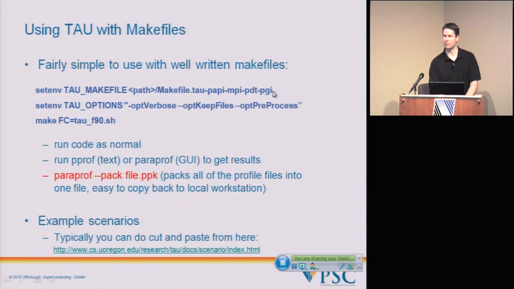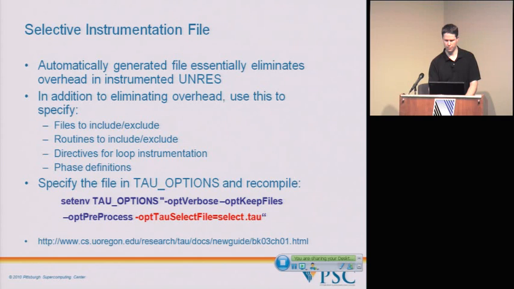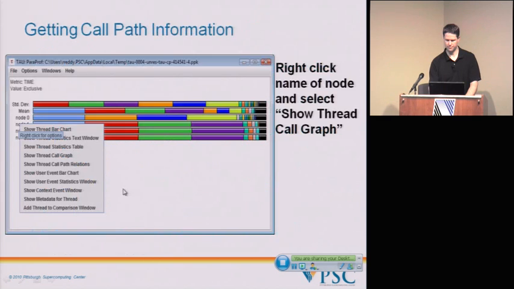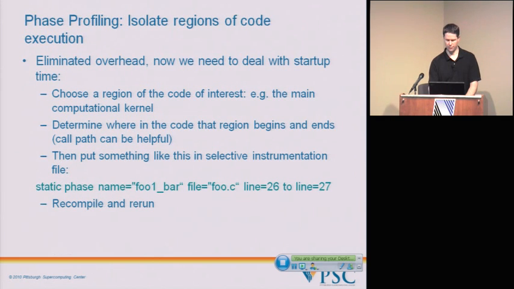So one that will enable phase profiling should have a dash phase somewhere in its title. So you point this environment variable to one of those TAU makefiles that has that in it and that has the other combination of options that you need. And then you just compile as normal and make sure that you don't try to get call path information during that run. And that will give you a phase.